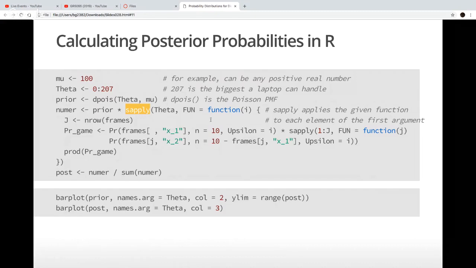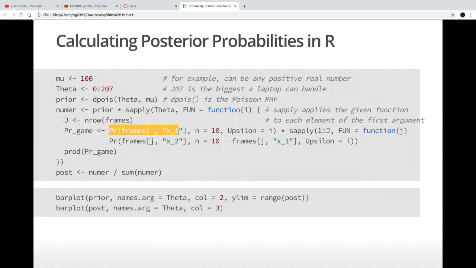So it's going to apply the following function to each element of theta, which is the integers between 0 and 207 in this case. So we'll just index those by i, and we'll calculate the probability of what happens in a game of bowling. Game is not really the right word because we're ignoring the 10th frame, but the first 9 frames of bowling.